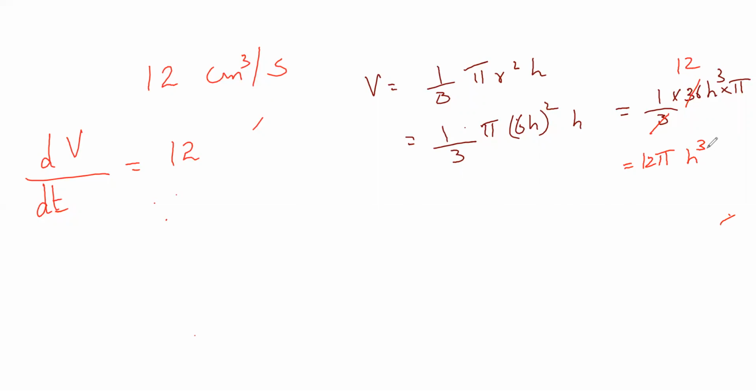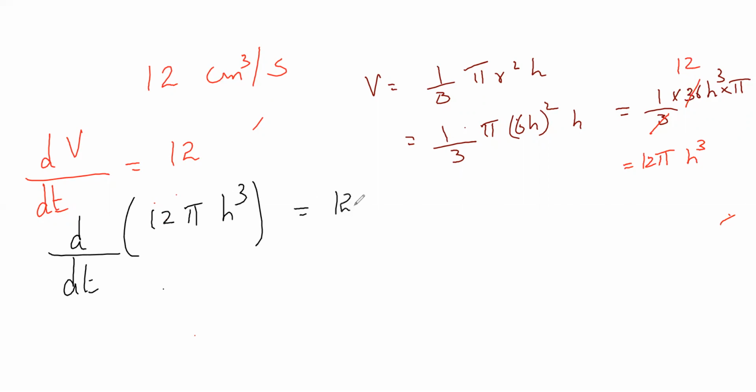Now I have to substitute dV by dt. d by dt of my volume, 12 pi h cube, is equal to 12. So I can cancel directly this 12 and this 12. Can I do that?